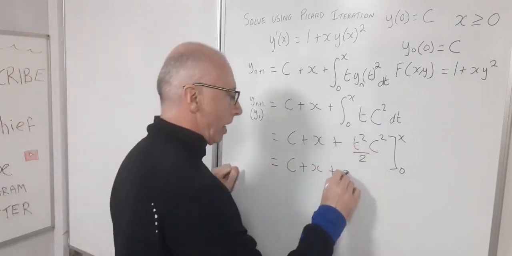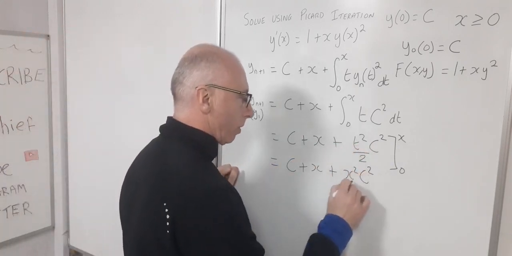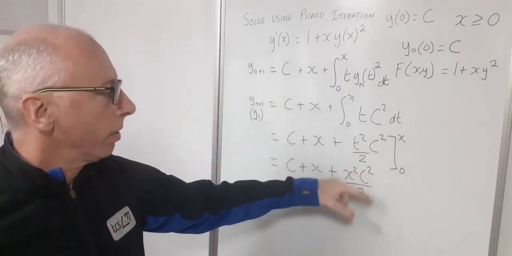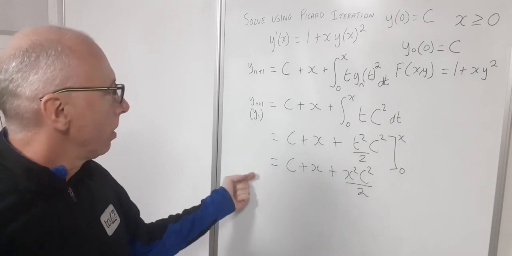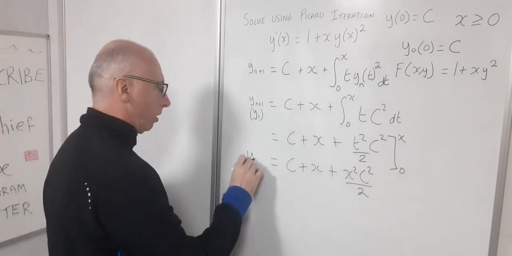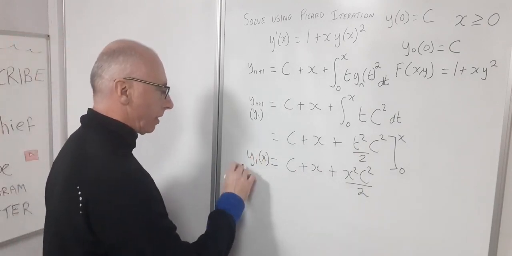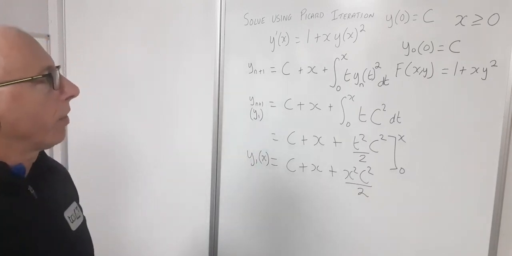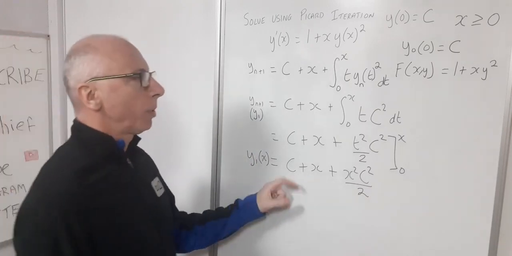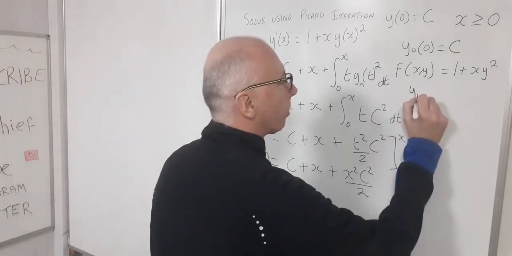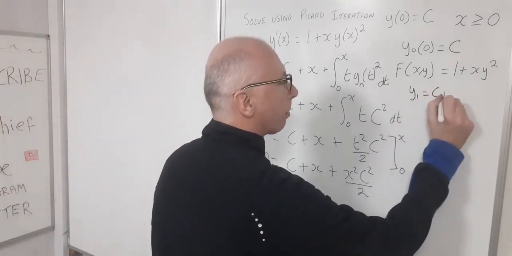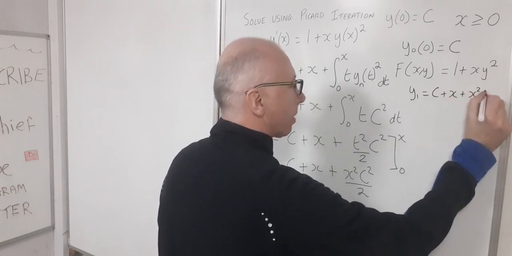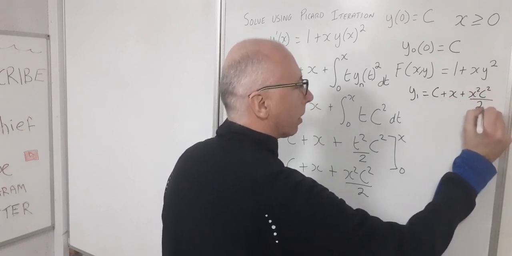So now we've got x squared c squared over 2. And then subtract when t is 0, the whole thing will disappear. So now we've got y of 1 of x. Basically, that's our first iterative sequence trying to find our solution. So y of 1 equals c plus x squared c squared over 2.